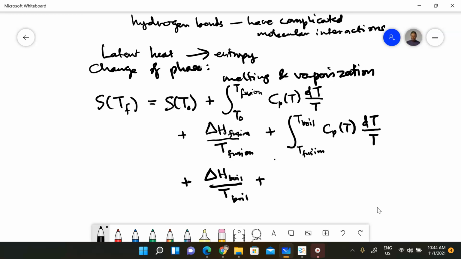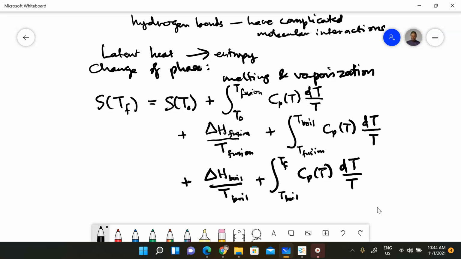And then from T boil to T, the final temperature, again another integral there. So one has to include all these possibilities into the formula that we had earlier.